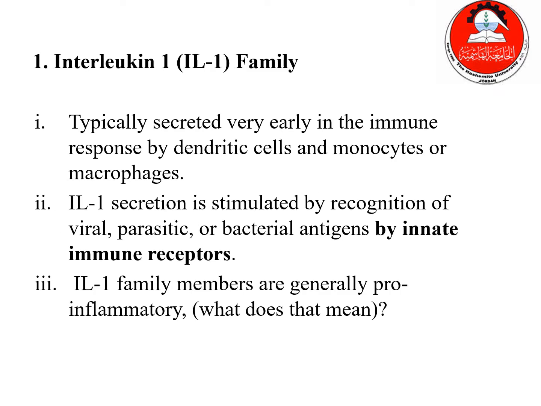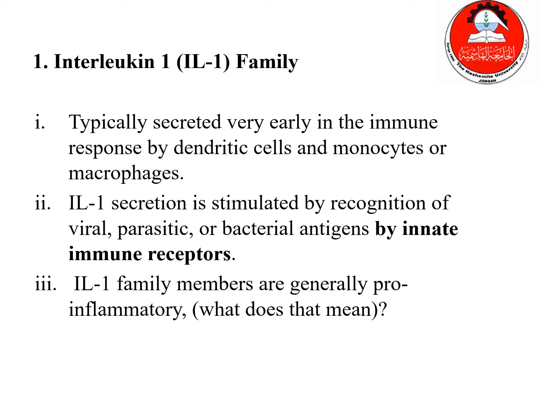So the interleukins. We have the interleukin-1 family, which is typically secreted very early in the immune response by dendritic cells and monocytes or macrophages. Among the early response is interleukin-1, which is secreted by the antigen-presenting cells.